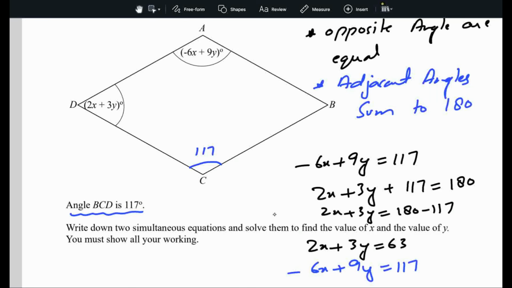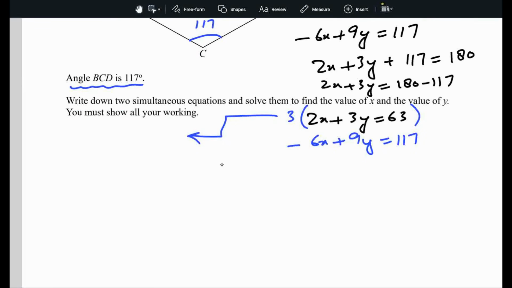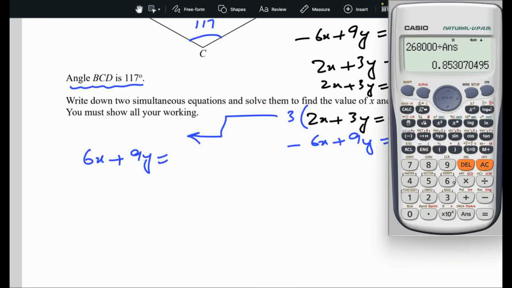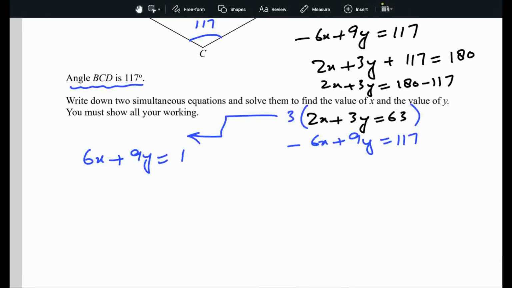Now if you multiply the second equation with 3, this equation will be 6x plus 9y is equal to 63 multiplied by 3, which is 189.